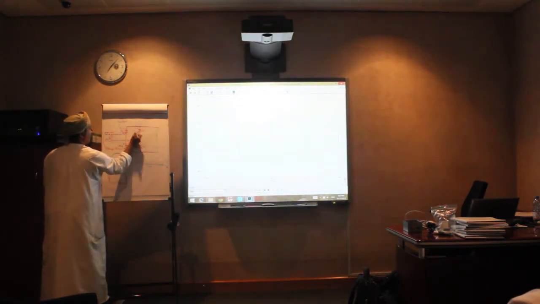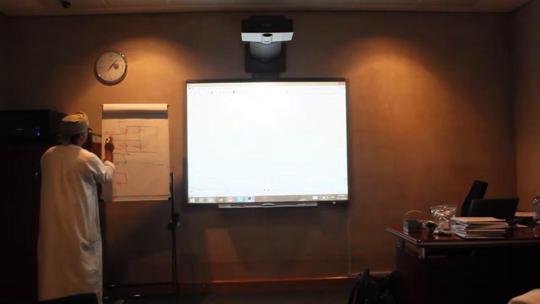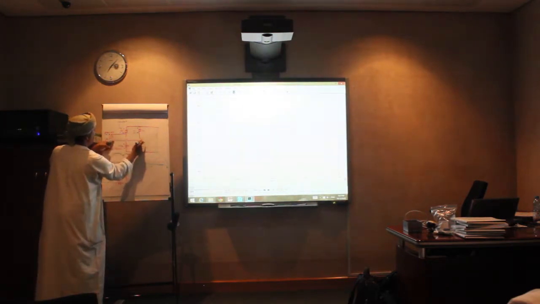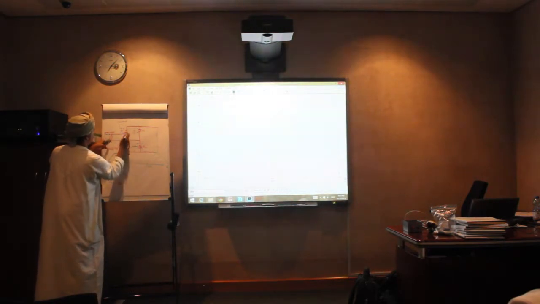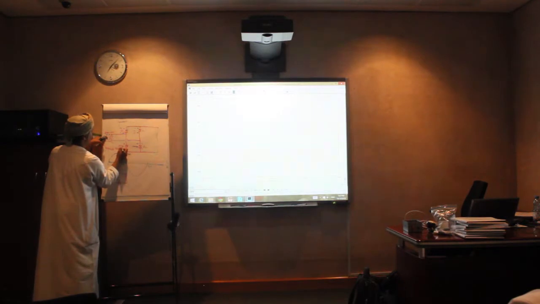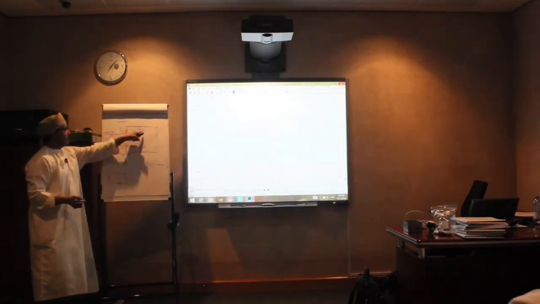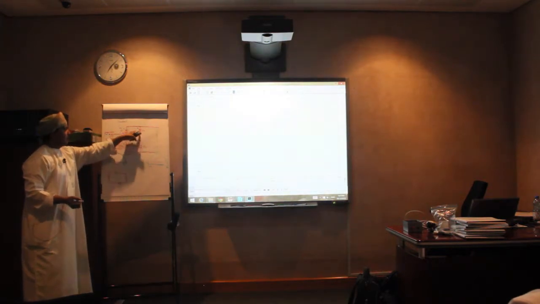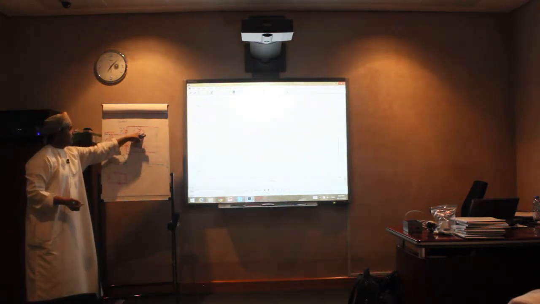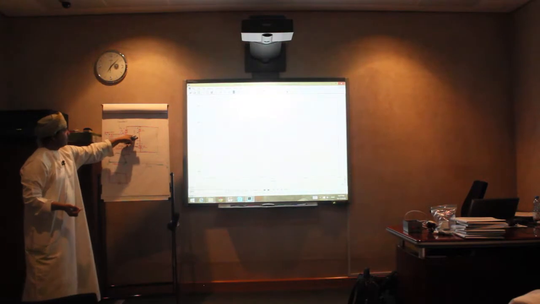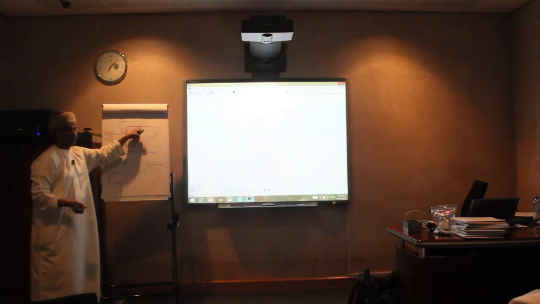If you look at this one here, this is positive, and this is negative, and for this one here, this is negative, and this is positive, correct? So that means in the second half cycle, this one will conduct, which is D2. See here, this one positive and negative, right? So this is the direction.